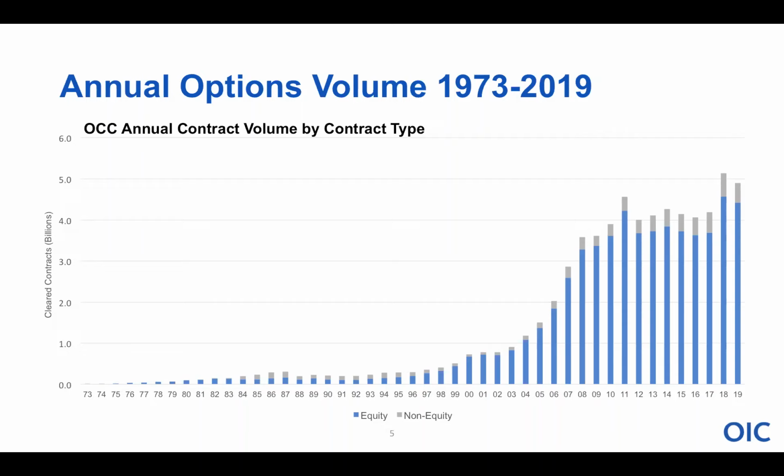And 2020 is already shaping up to be a pretty impressive year. January was actually our largest January ever, where we cleared and settled 522 million contracts, which was a record. And that was due to the unprecedented volatility we've seen lately in the markets.